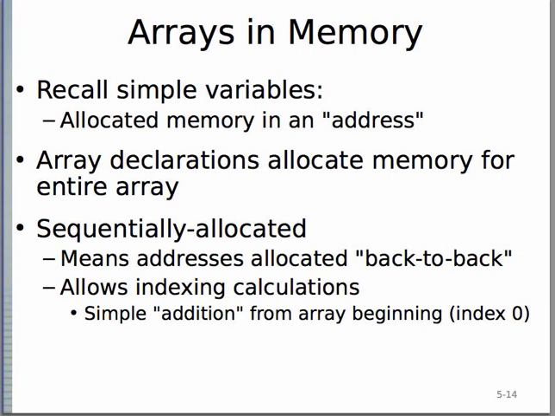Okay, so these are simple variables. There's memory allocated at an address. Array declarations allocate memory for the entire array, and it's sequentially allocated just like in Java. This means that the addresses allocated are back to back, right next to each other. In Java, the way we access array elements is a lot more controlled.